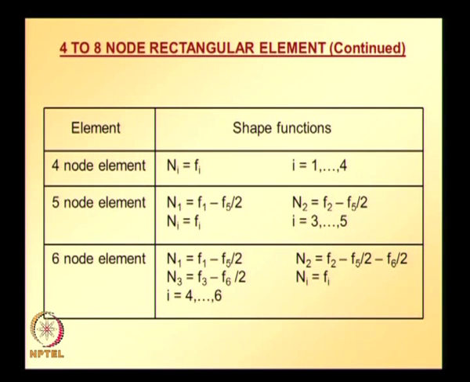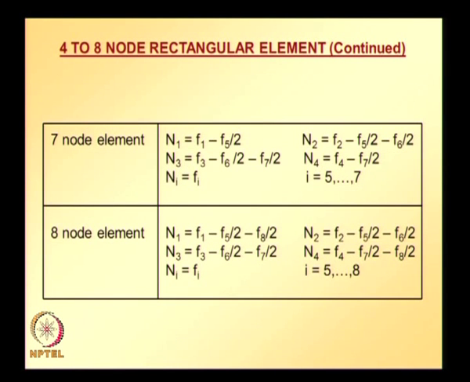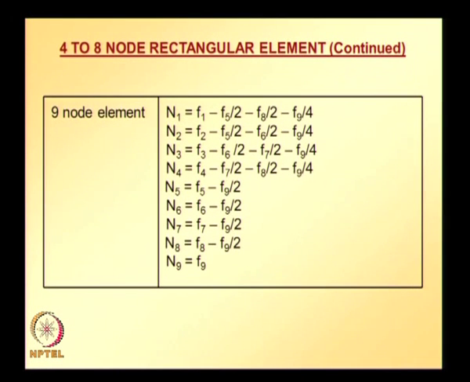In the table, expressions for shape functions of all nodes for 4 to 9 node rectangular elements are given: 4 node element, 5 node element, 6 node, 7 node, 8 node and 9 node element.